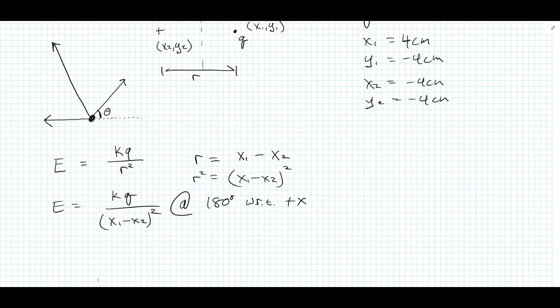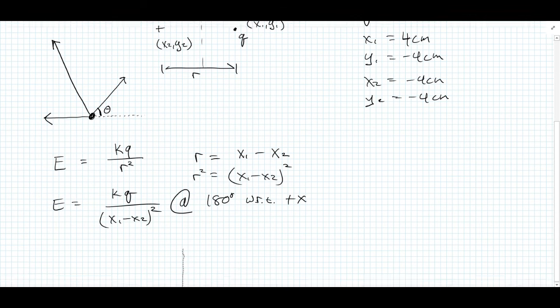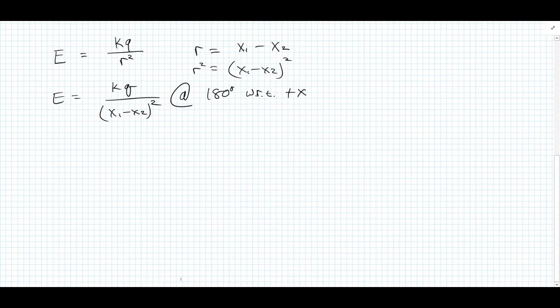Now I'm going to work on the field due to the charged sphere, so I'm going to look at this guy. Figuring out the magnitude, well, actually I need to know how far away I am from the origin to figure out the magnitude. So what I'm going to do is draw a triangle that's going to help us solve this problem. So let me draw the origin here, draw the position that I'm trying to find the field at, draw a line that connects those two, and then draw a horizontal line here, right?